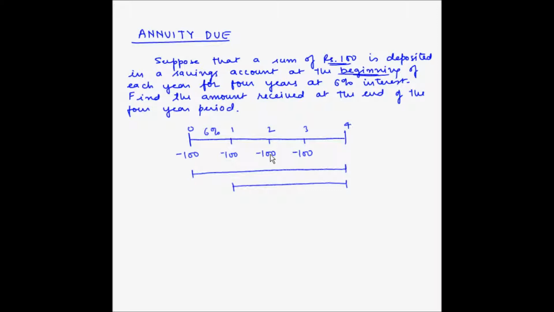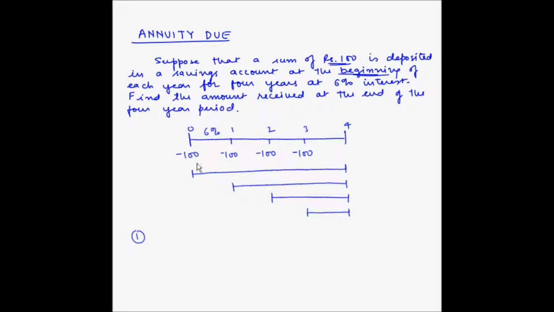This 100 rupees deposited at the beginning of the third year will accumulate interest for the remaining 2 years, and the 100 rupees deposited at the beginning of the fourth year will accumulate interest for 1 year. So let's calculate this amount.